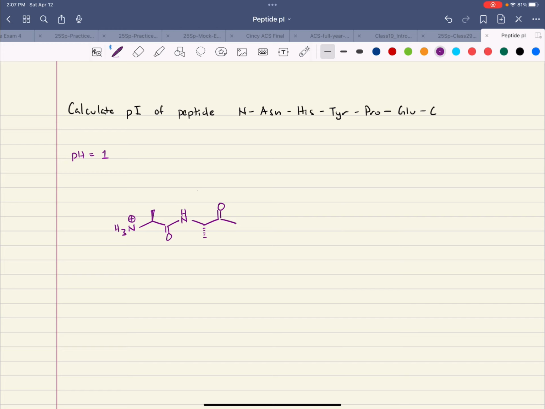Now, why does that look strange? Oh, I forgot the N. Okay, good. Third amino acid would be wedge. Fourth amino acid would be dash.